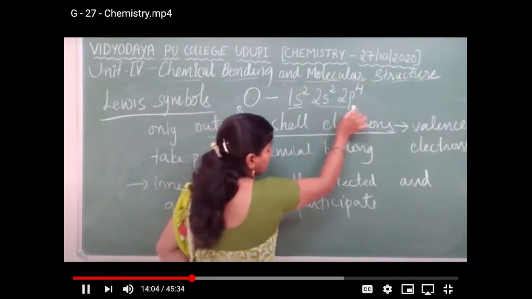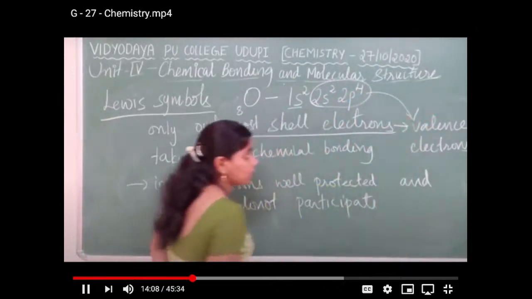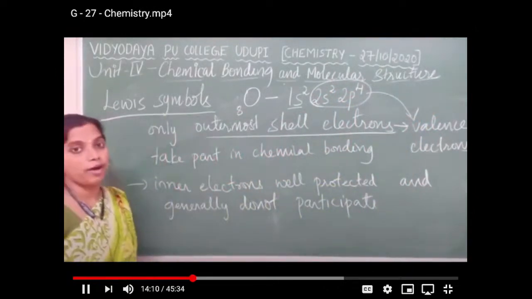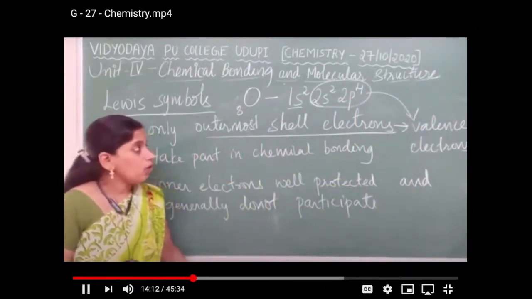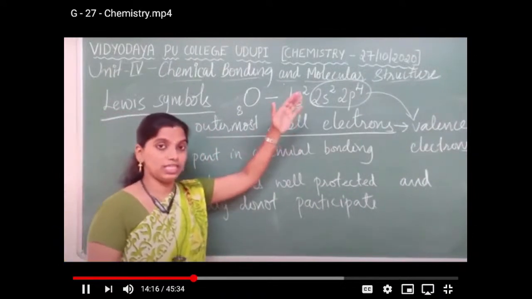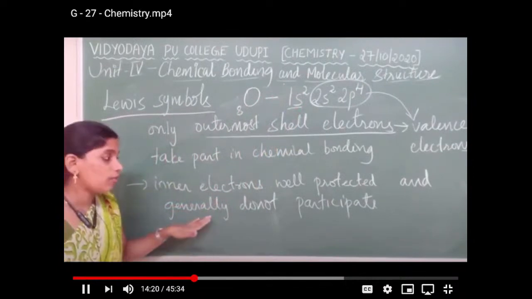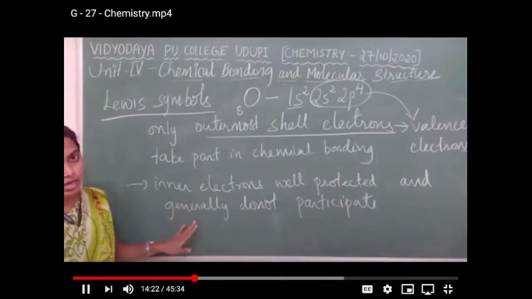So these 6 electrons are the valence electrons which will take part in the bonding. The 2 electrons in the 1s shell, which is innermost, are well protected and do not participate in the chemical bonding.